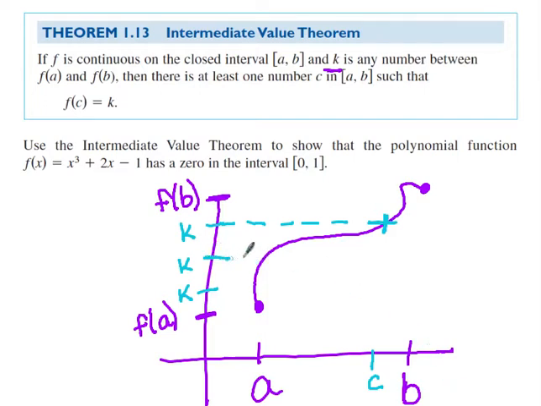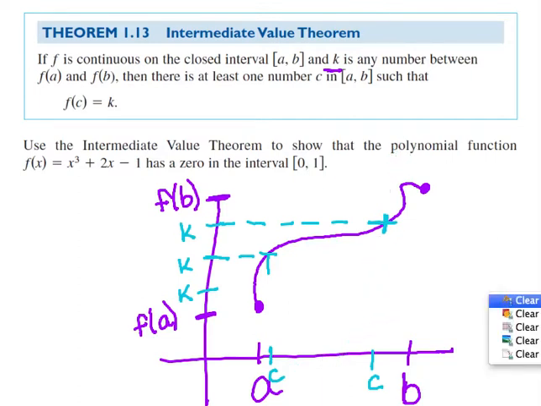Yeah, I know, it's one of those, well, yeah, that makes sense. So that's all it's saying: if k falls between these two values, there has to be a c somewhere between a and b. It's on the graph.